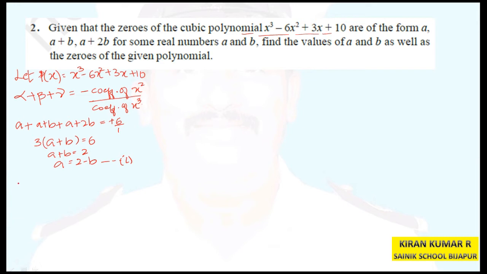Let us now take the product of the zeros, alpha into beta into gamma. The product of the zeros is minus constant divided by coefficient of x cubed. Substituting, a minus b multiplied by a multiplied by a plus b equals minus 10.